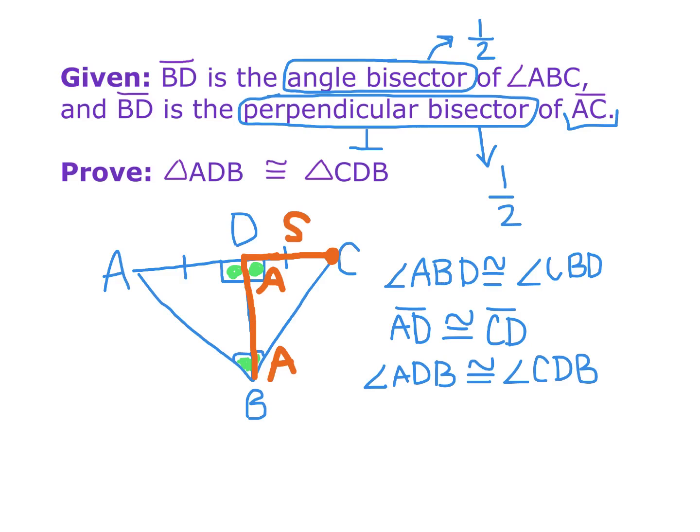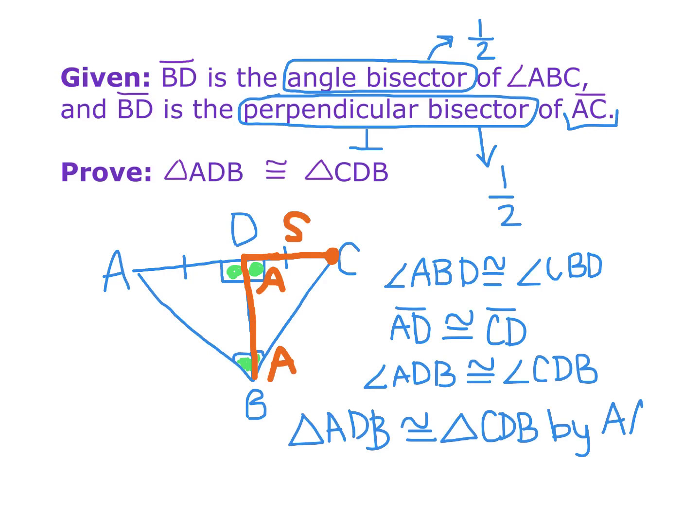So one of the postulates that we could have used here is we could say that triangle ADB is congruent to triangle CDB, and we know that by using the angle side postulate.